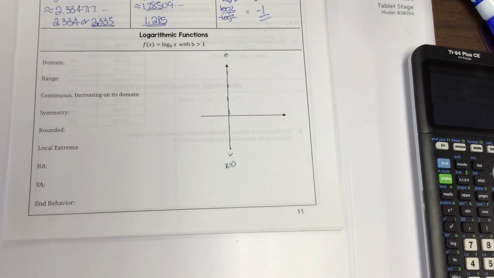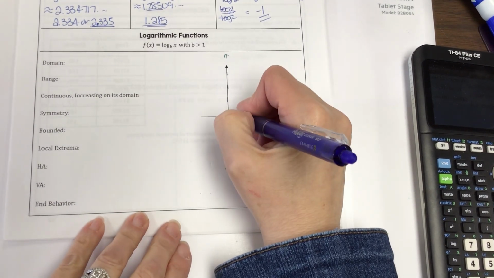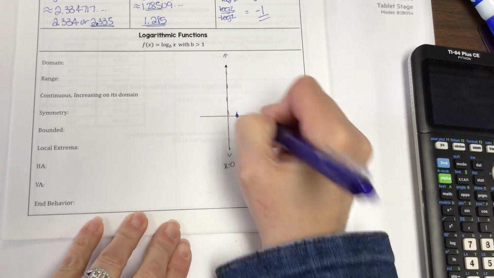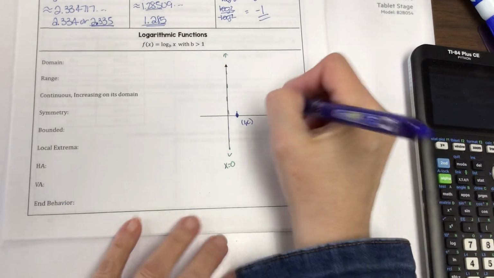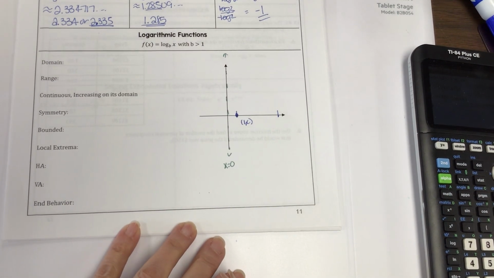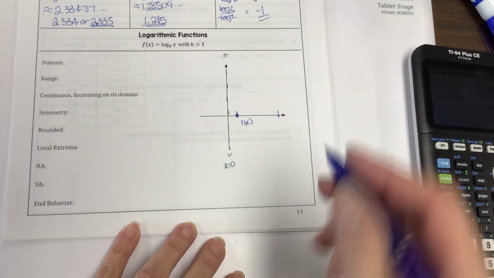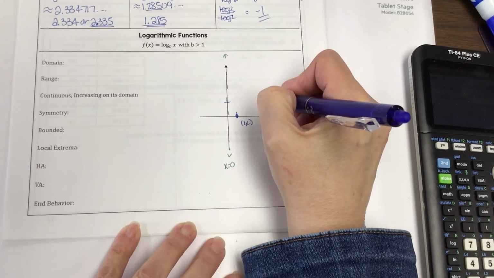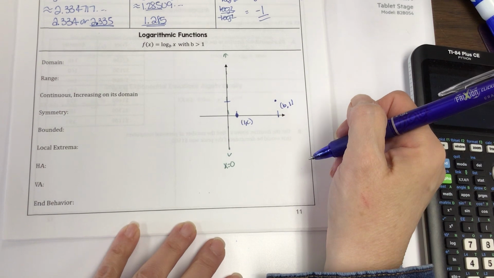Yes? And you are going to have a point at 1, 0. Do you agree with that? The other point, remember when we had base 10 was 10, 1? Do you agree? So with any base, it's going to be whatever that base is and 1. Do we agree with that?